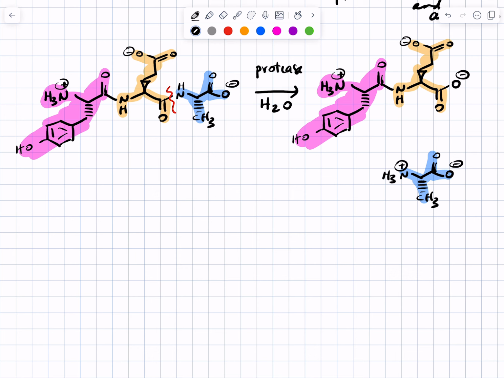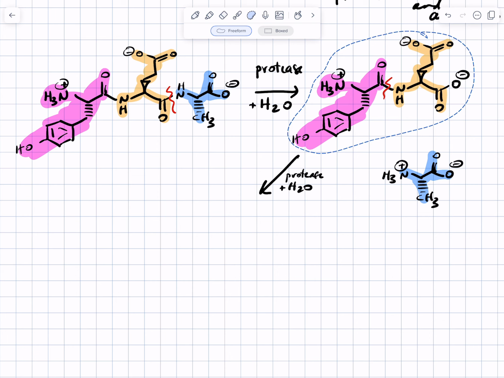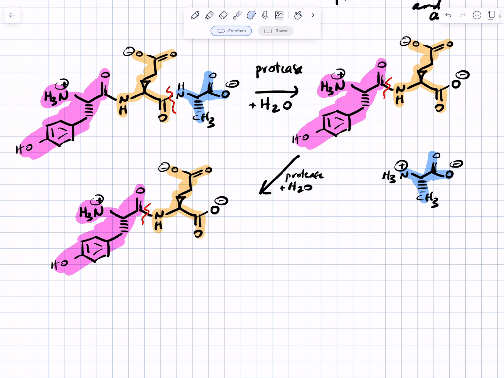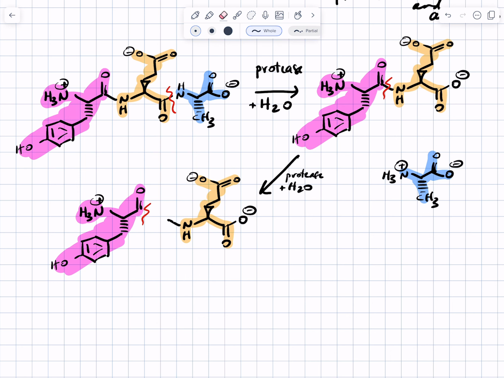And then of course, if we did the same reaction again on the amide bond in the YE peptide using the protease enzyme and adding water to the molecule, that would hydrolyze the amide bond between Y and E. And on the E side, you would have just the ammonium group.